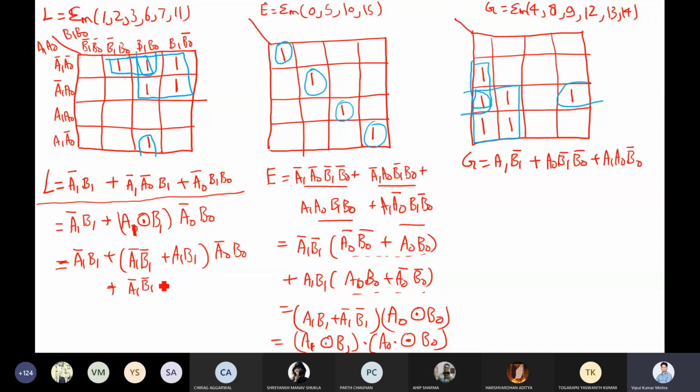A1 bar B1 bar A0 bar B0 plus, let's look into this, A0 A1 B1 A0 bar B0 here, and here I'm saying A1 B1. Now this term and this term, can you refer to these two terms here? If I say I'm looking for this term, what is the value if instead of a pair I take individual singletons?